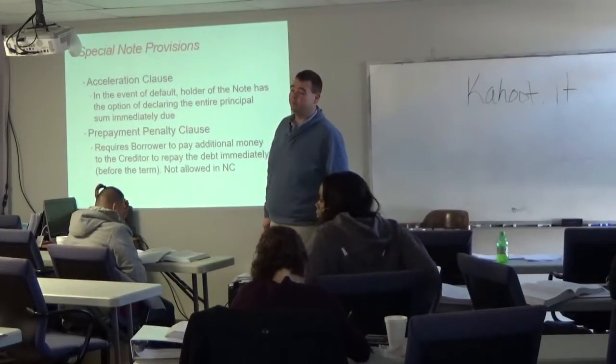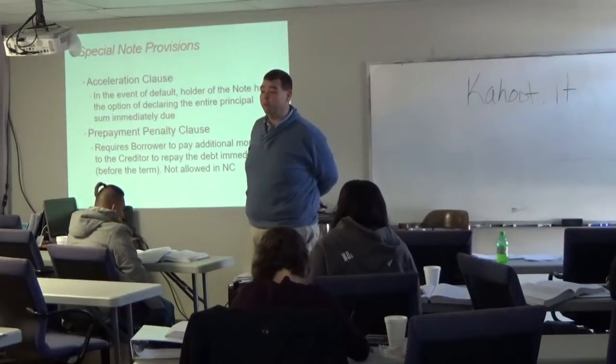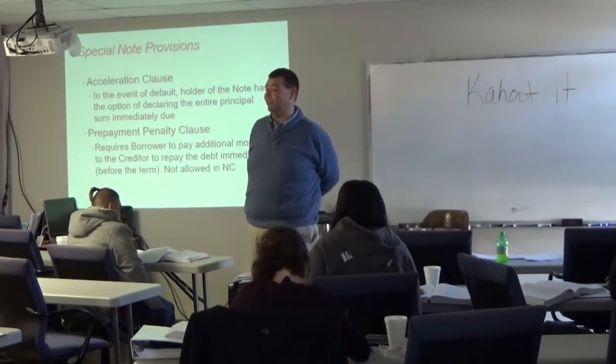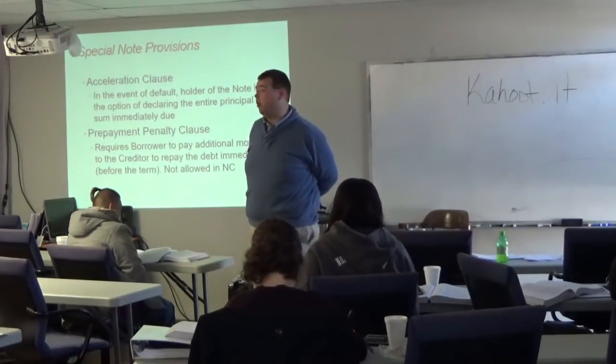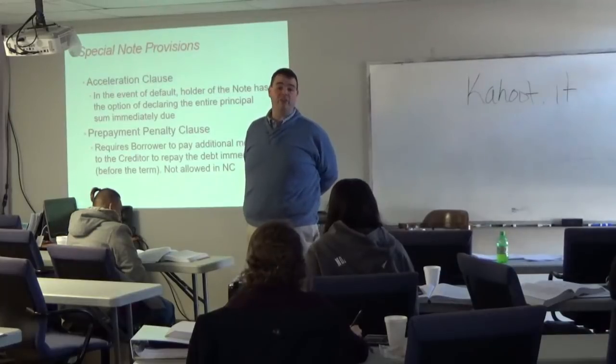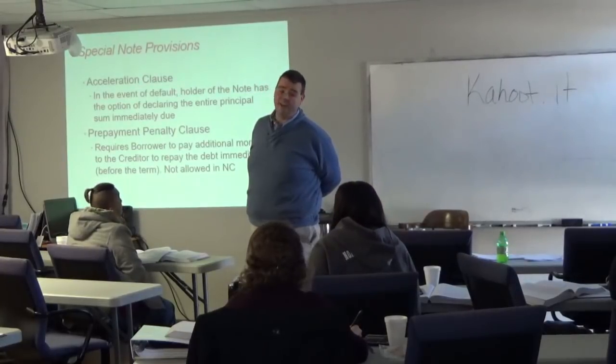Yes? If you had this clause in, you couldn't even sell your house. Correct. If you had a prepayment penalty, well, you could if you were willing to pay the penalty. Did everybody hear Sandy's comment? She said if your note had this clause, you couldn't even sell your house until you had finished paying off the note over its full term without paying a penalty. So you'd have to own your house for 30 years and make every payment.